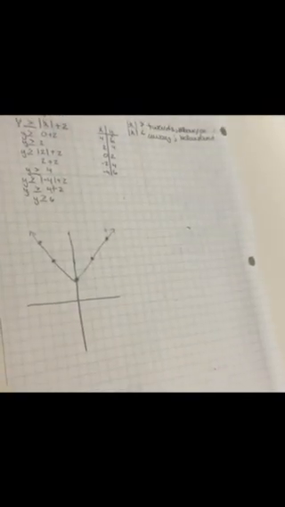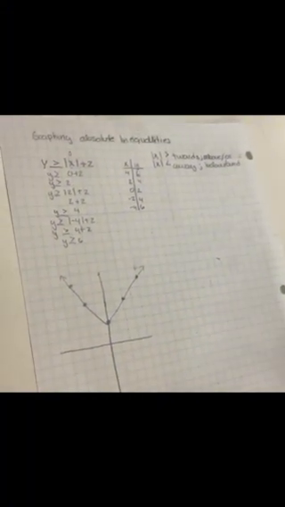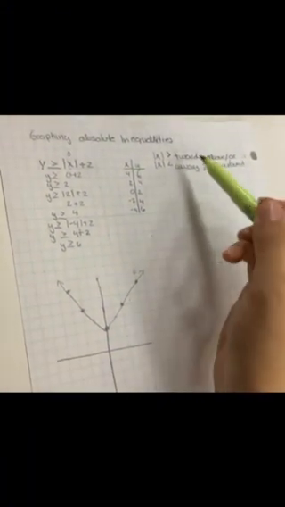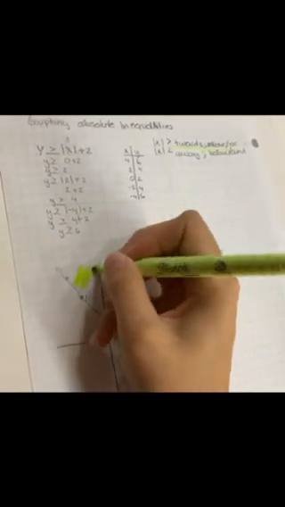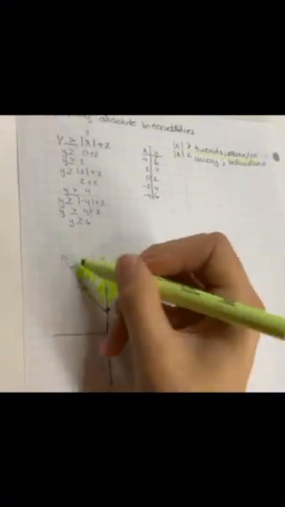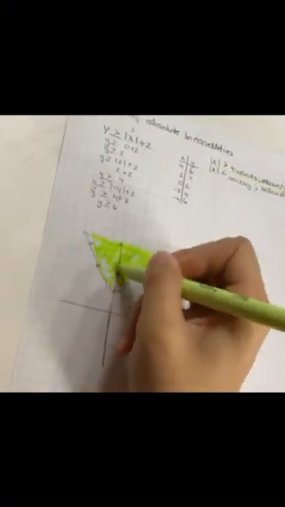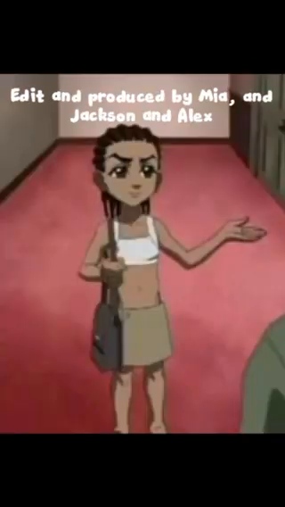Since this inequality has a greater than, we will shade towards and above. So all of this will be shaded. You get the point.